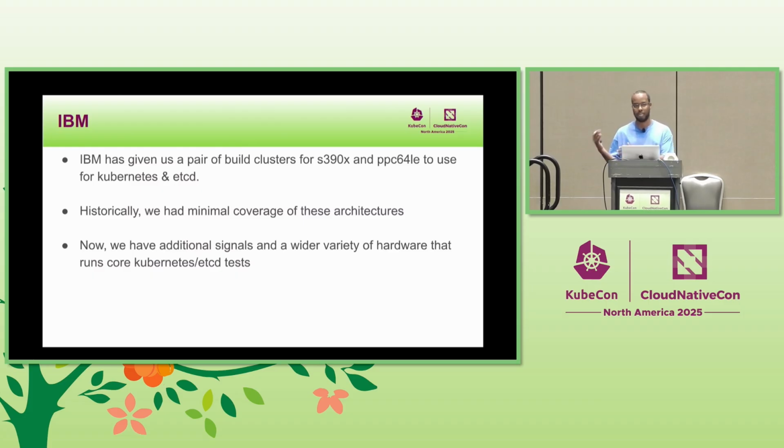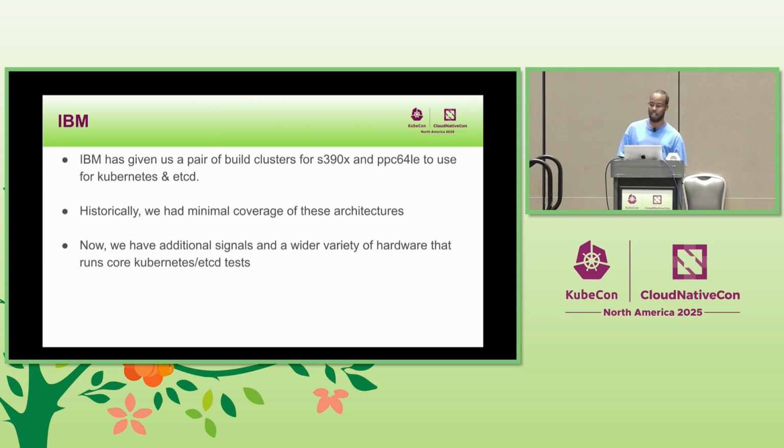Now IBM gave us the money and the hardware, so we run the tests, and we can see the data for ourselves. We have additional signals for both Kubernetes CI and etcd CI because it runs on a variety of hardware from these two architectures, as well as Linux on AMD64 and ARM64. So those are the four main architectures that we're running our tests on.